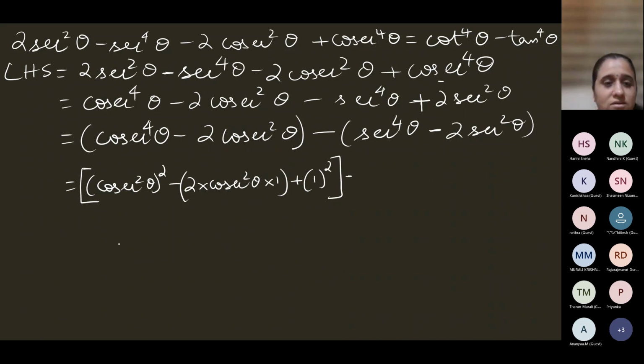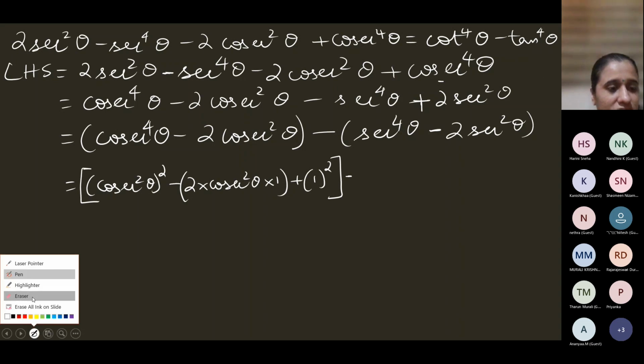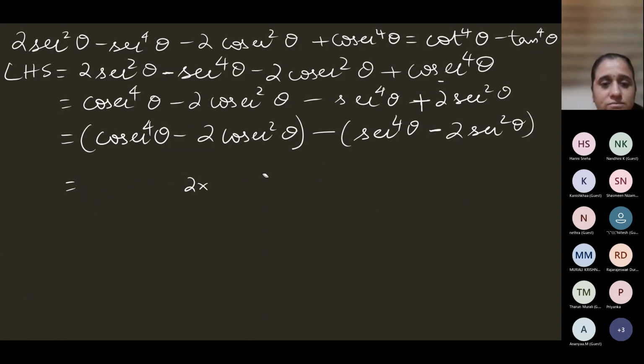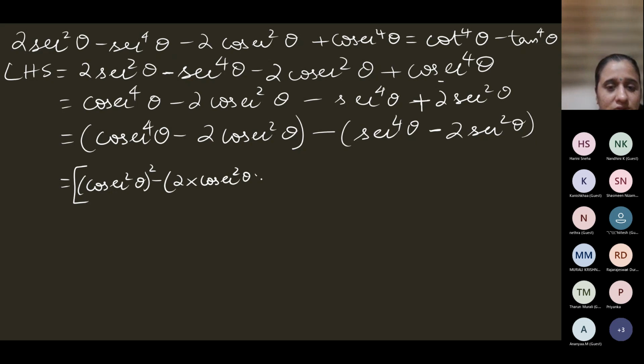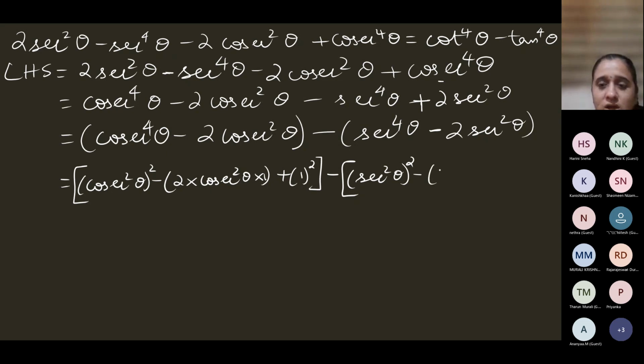Let's write it again. It is equal to the square bracket cosecant squared theta the whole square minus 2 into cosecant squared theta into 1 plus 1 the whole square, close bracket, minus secant squared theta the whole square minus 2 into secant squared theta into 1 plus 1 the whole square.